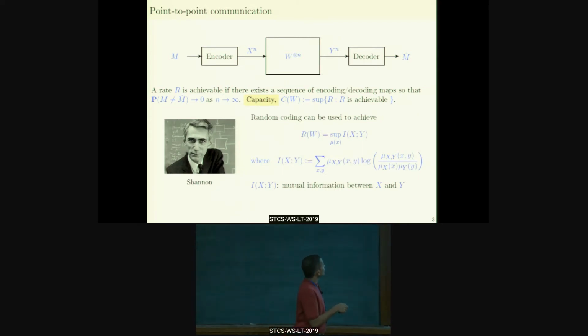So clearly Shannon looked at this problem, and he used random coding, really the probabilistic method, to say that he can achieve a rate given by the supremum of the mutual information over all input distributions mu of x.